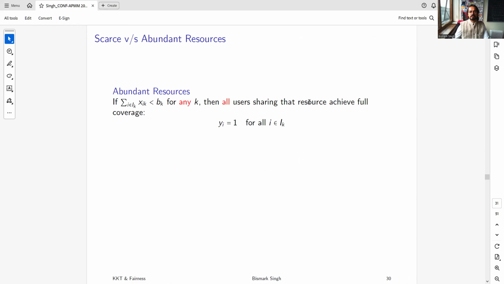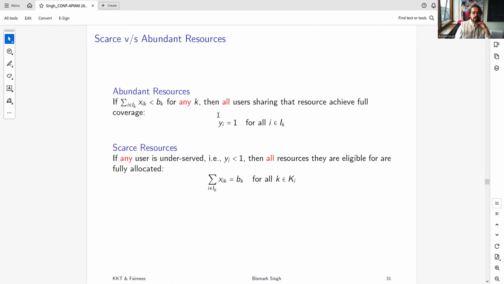then all the users that were sharing this resource do manage to achieve a full amount of coverage. So this means that once again, there is no room for complaints up here because everyone has reached the maximum level.